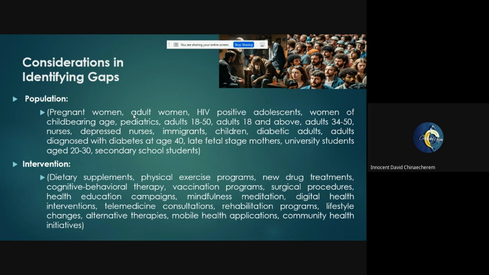For example, I could say I have teenage pregnancy in mind, or pregnancy. That is what I want to study. How can I identify gaps in research around pregnancy as a maternal complication?